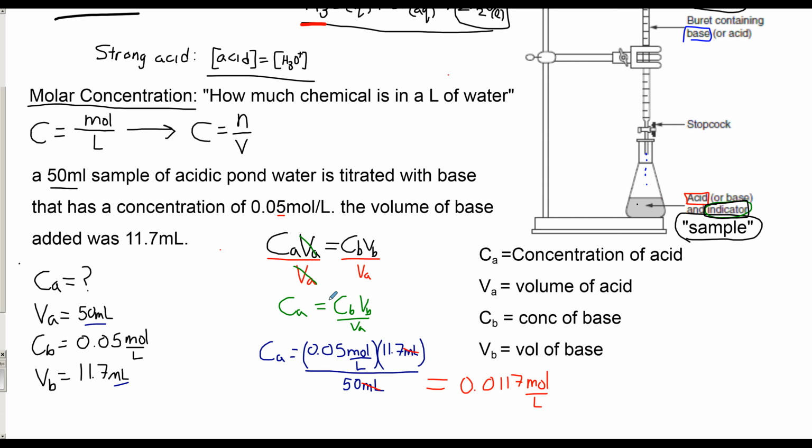So as the best measurement we have, this is 0.01 moles per liter. Another way of writing that would be in scientific notation, which would be 1 times 10 to the minus 2 moles per liter.